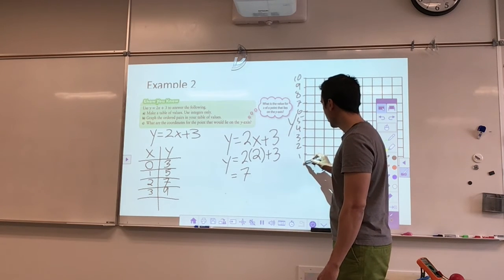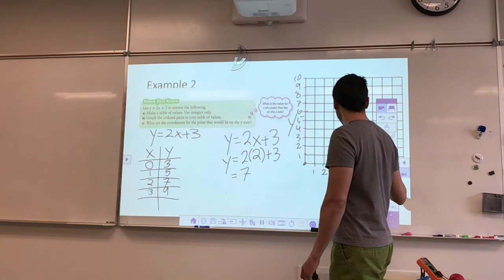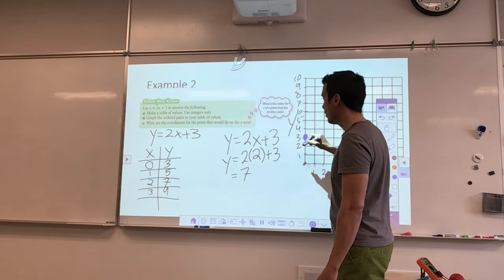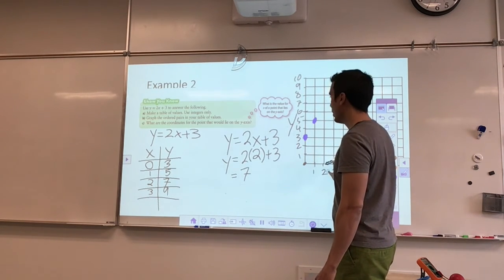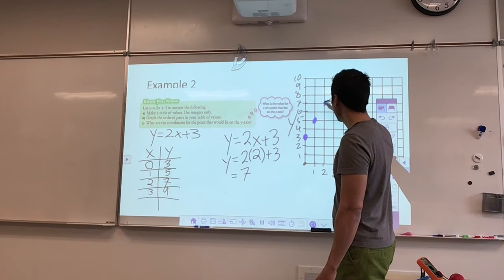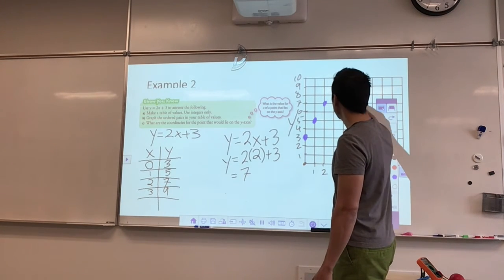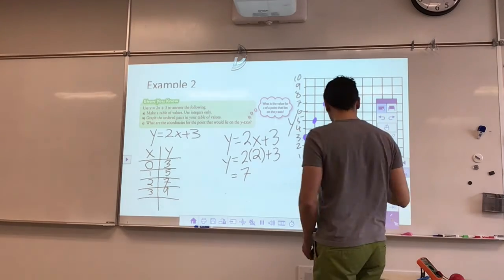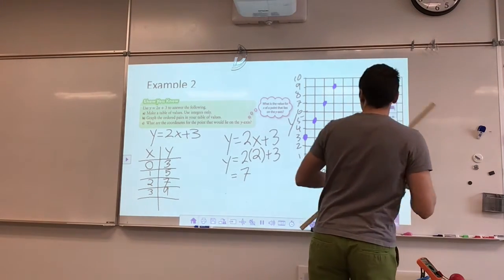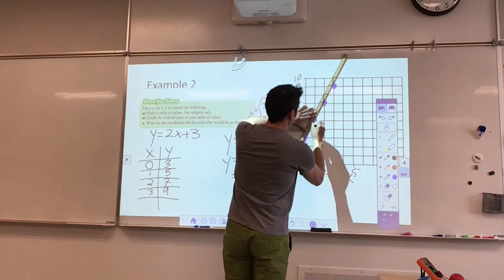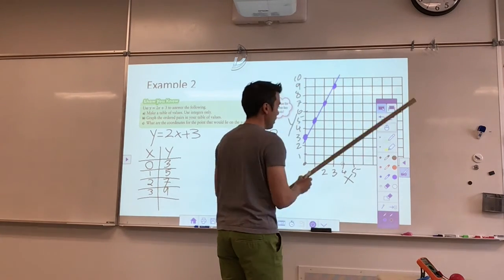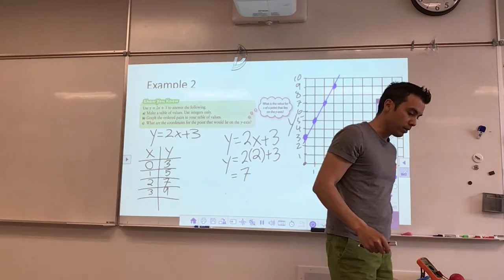So when x is 0, y is 3. When x is 1, y is 5. When x is 2, y is 7. When x is 3, y is 9. Grab the meter stick and throw a line through those, and I'm all done.